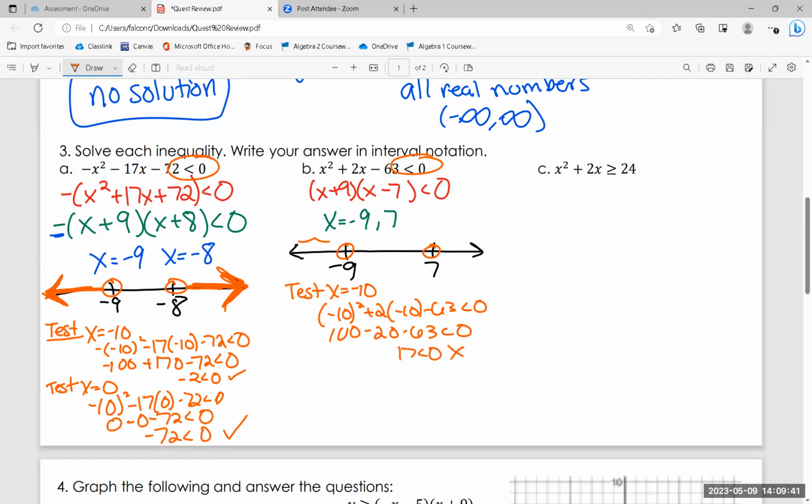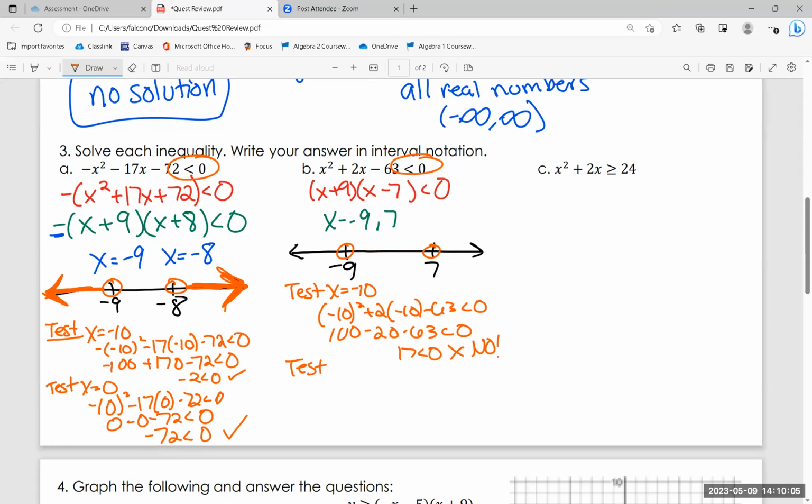And that is not less than 0, so that does not work. So we do not want to shade over here less than our -9 because it doesn't work when we test. All right, let's move on to the next one. Because if it doesn't shade over here, less than -9, it probably won't shade over here because usually it's either between or they're going out.